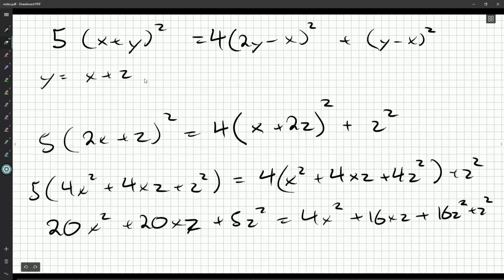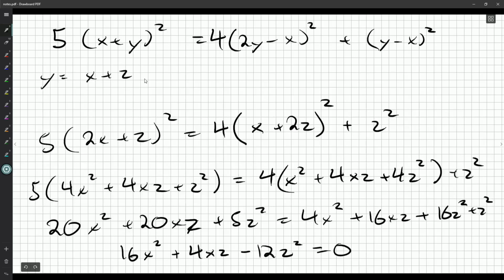Let's bring it all over to the other side. So 16x squared plus 4xz minus 12z squared should be equal to 0.